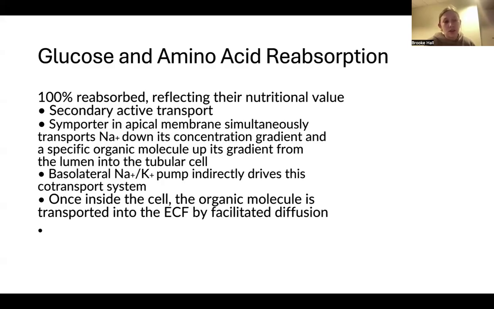Due to this, the basolateral sodium potassium pump indirectly drives this co-transport system. Then once inside the cell, the organic molecule is transported into the extracellular fluid by facilitated diffusion.